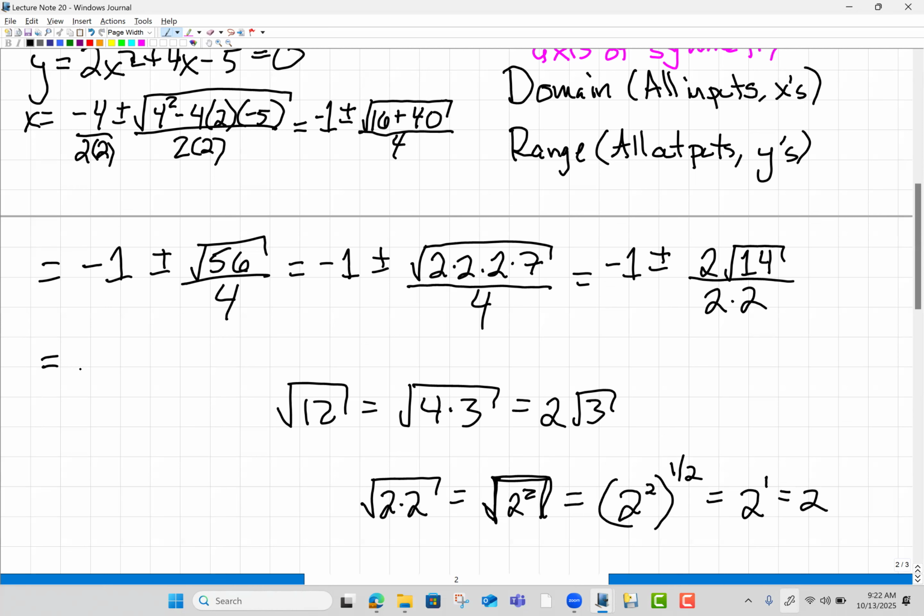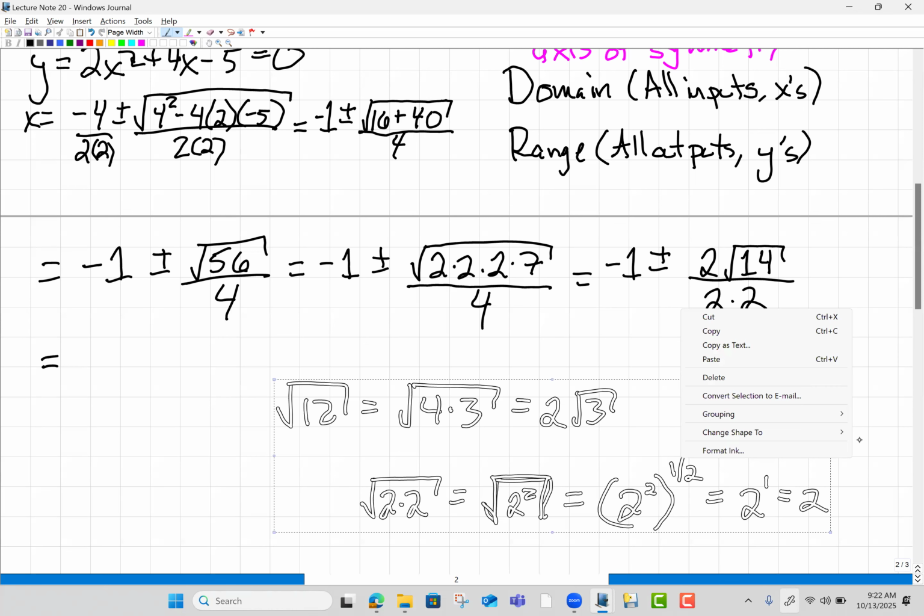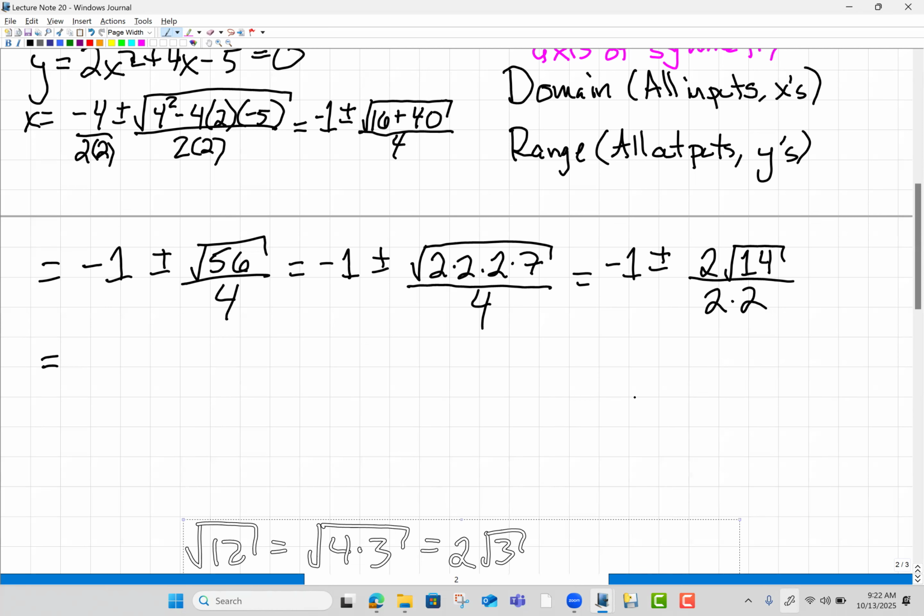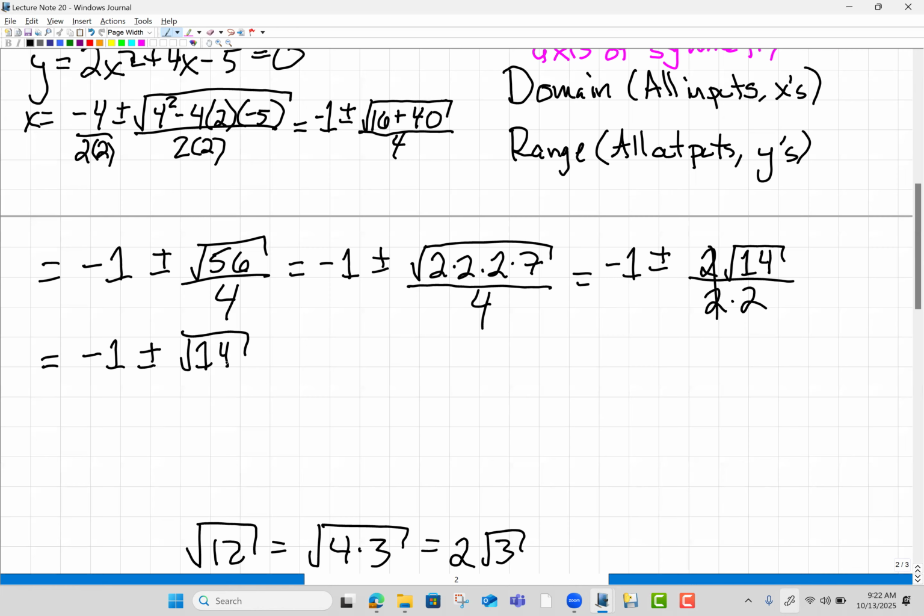And now, all right. So this is all arithmetic. 2 over 2 is just 1. So I got -1 plus or minus the square root of 14 over 2.